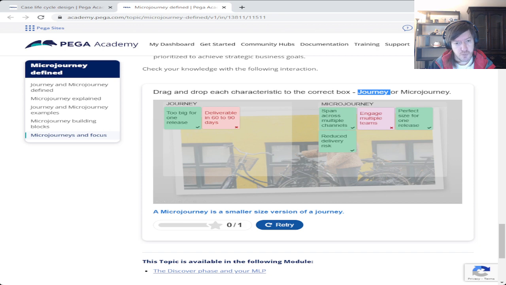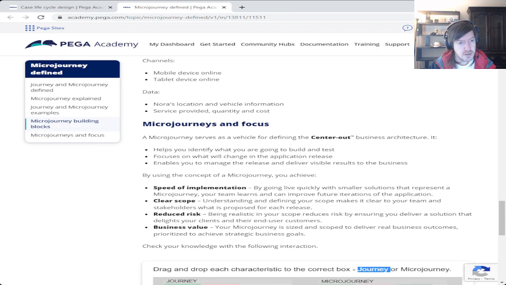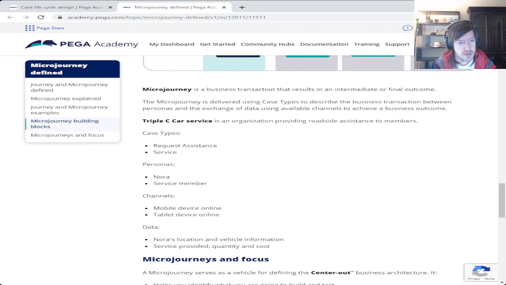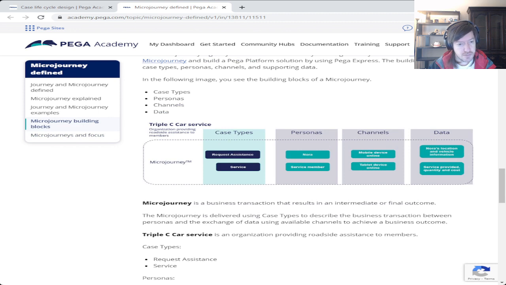And here's the thing. With a microjourney, they state it right here. Microjourney, right? You have request assistance and service, right? Nora, customer, and service member. Definitely not the same team as a customer. They're part of a different team.